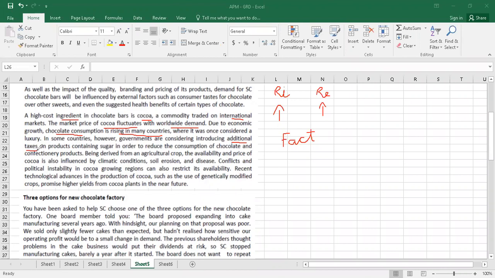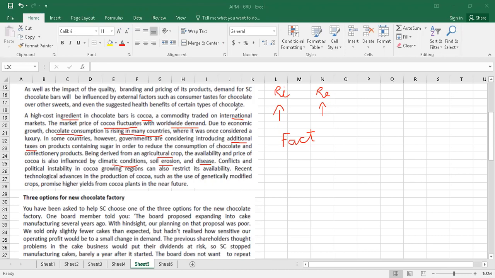Being derived from an agricultural crop, the availability and price of cocoa is also influenced by climatic conditions, soil erosion, and disease. Conflicts and political instability in cocoa growing regions can also restrict its availability.